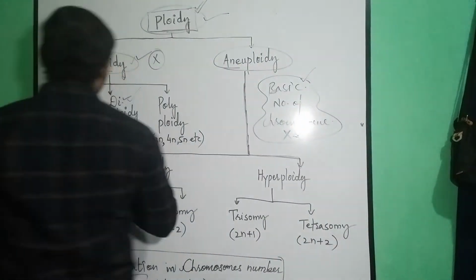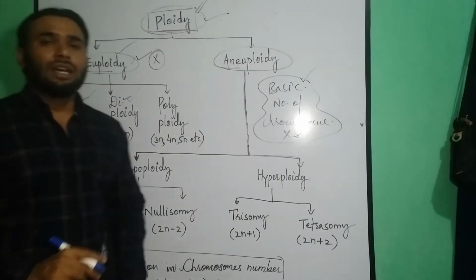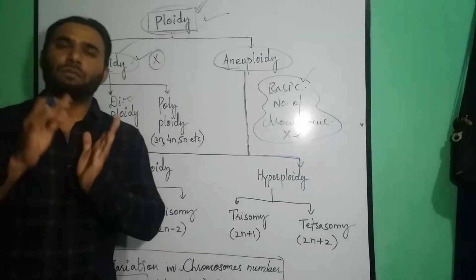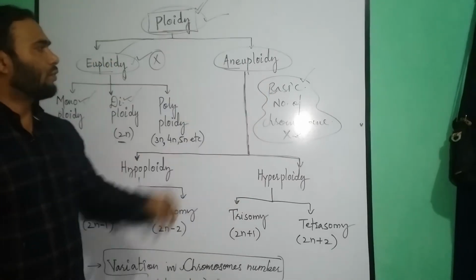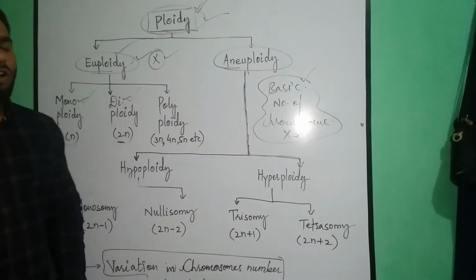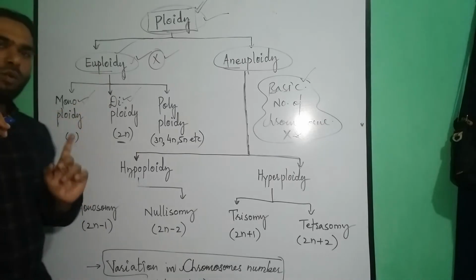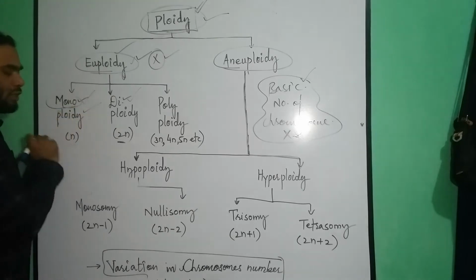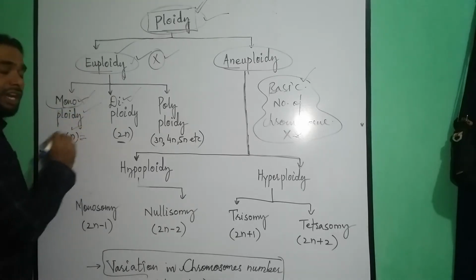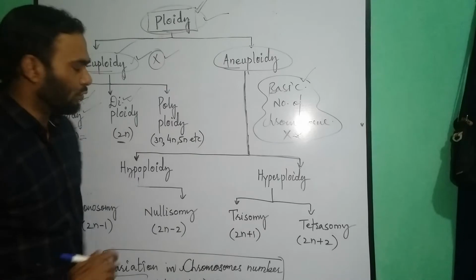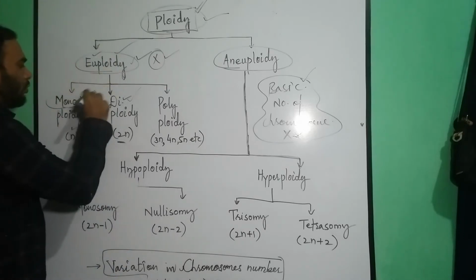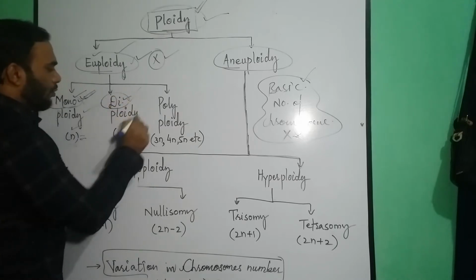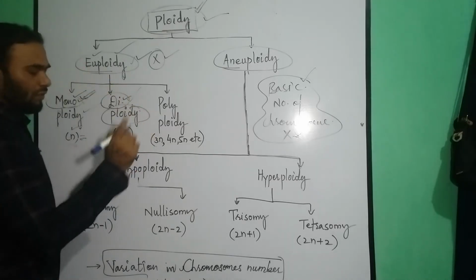So euploidy means when the number of chromosomes inside the nucleus of the cell is an exact multiple of the basic number of chromosomes X. If one set of chromosomes is there, this is called monoploidy, indicated by single n, because n indicates the number of chromosomes. So euploidy may be monoploidy, because only one set of chromosomes is there. It may be diploidy, because two sets of chromosomes are there.